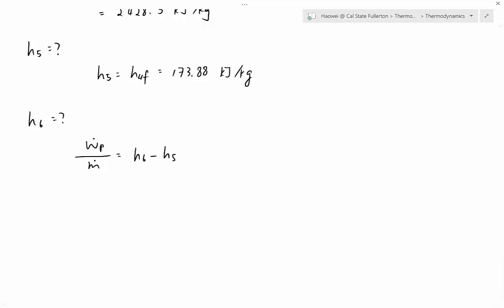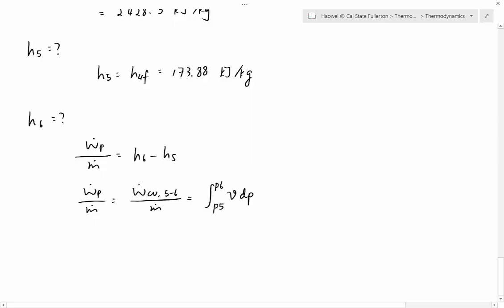And then we also know W dot pump over M dot is equal to W dot control volume work for process 5 to 6. And we learned from before it is equal to integral nu dp. Lower limit is P5, upper limit is P6. And now those two must be equal. So H6 minus H5 is equal to integral P5 to P6 nu dp.